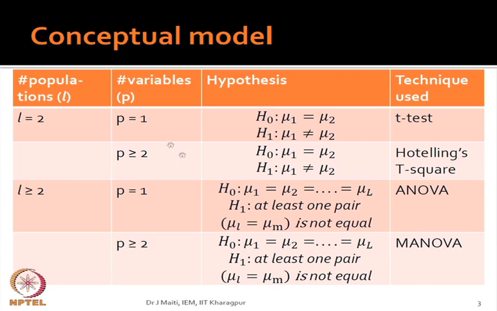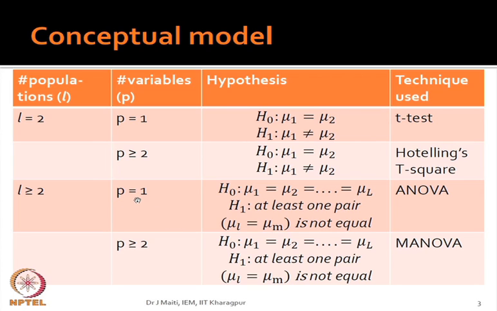And for the p greater than or equal to 2 case, that is the multivariate case, here also H0: mu 1 equal to mu 2 and H1: mu 1 not equal to mu 2, but these mu 1 and mu 2 are in the vector domain, when p equal to 2, that is a 2 cross 1 vector, and we have used Hotelling's T square.